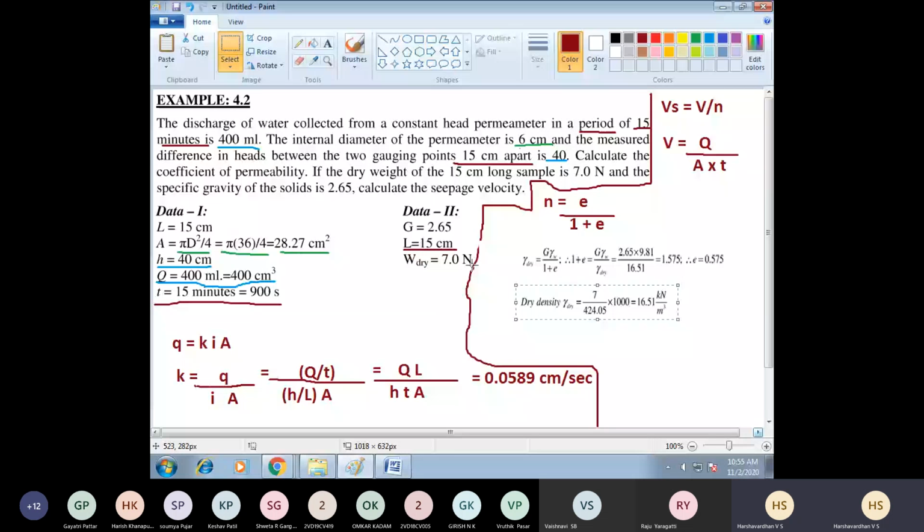It is not given directly, it is given indirectly. Area is given and length is given. So area into length will give us volume.